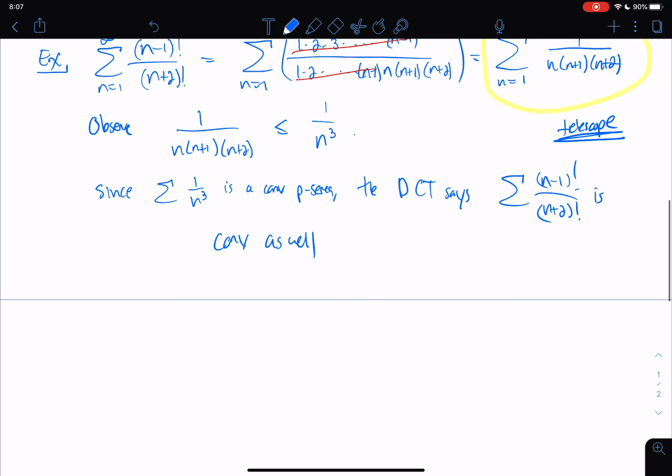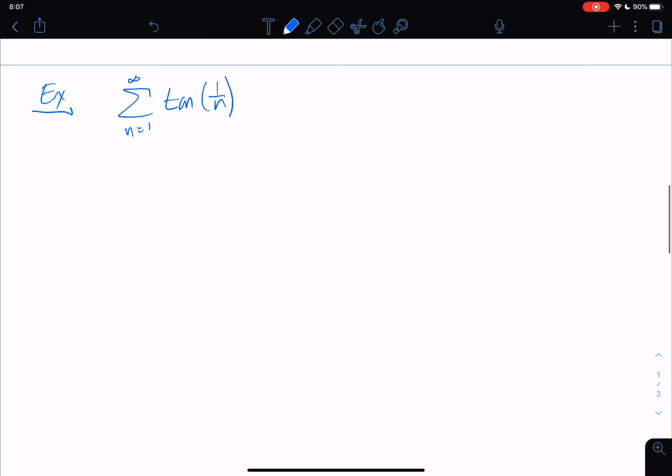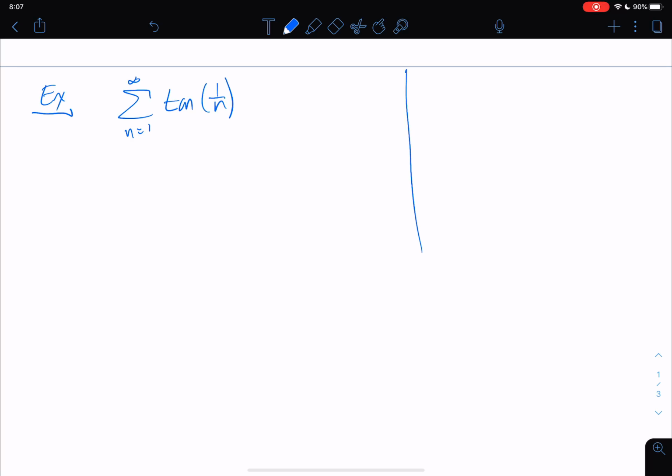The next example we can run into is a great one. This one is the sum from n equals 1 to infinity of tangent of 1 over n. Now, admittedly, the solution to this one might not be blindingly obvious to begin with, but consider the small aside so that we can import some information.